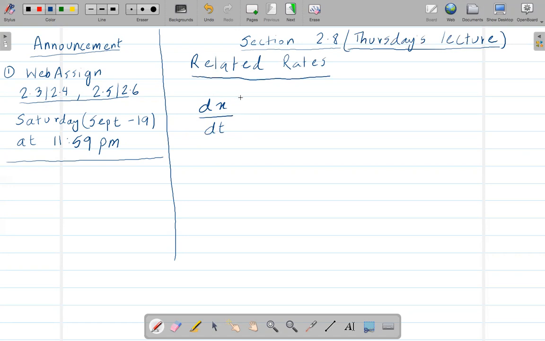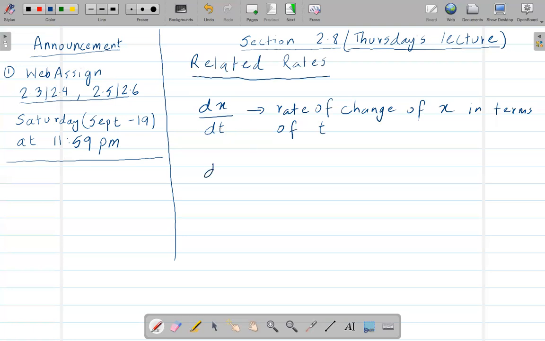This means the rate of change of x in terms of t. That's the meaning of this.